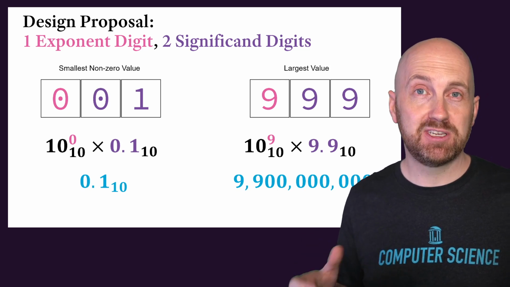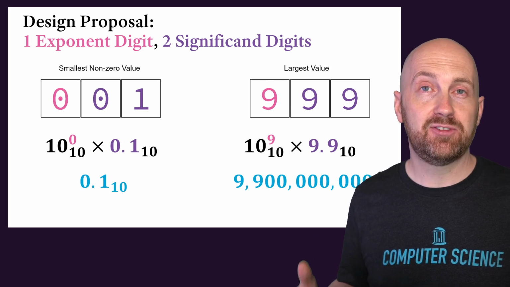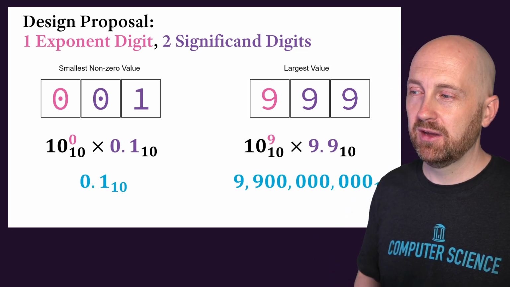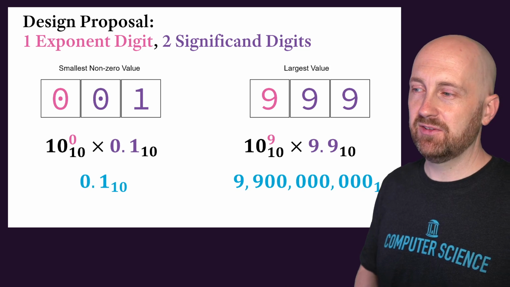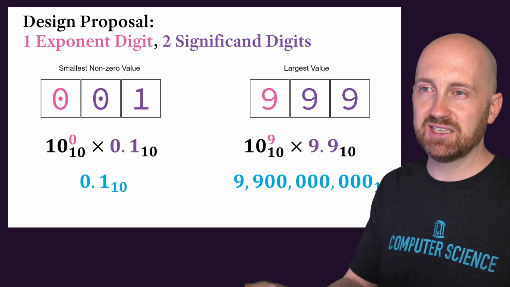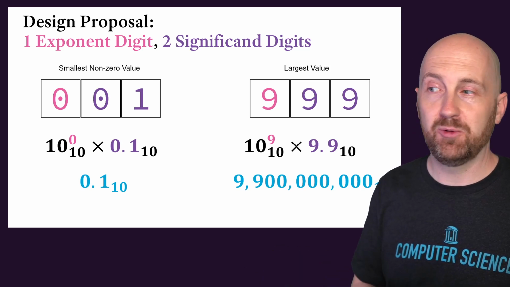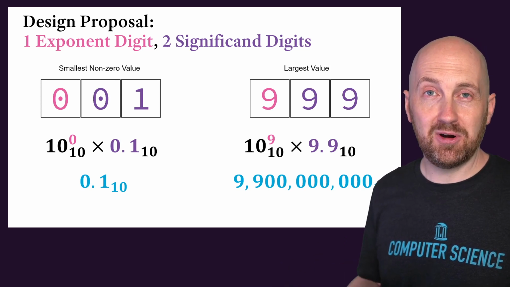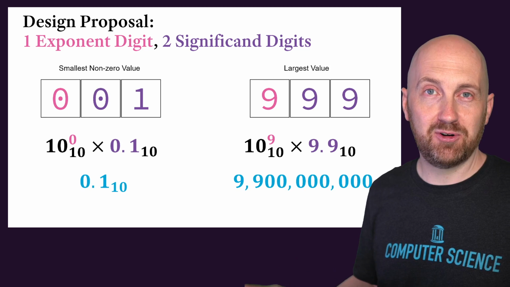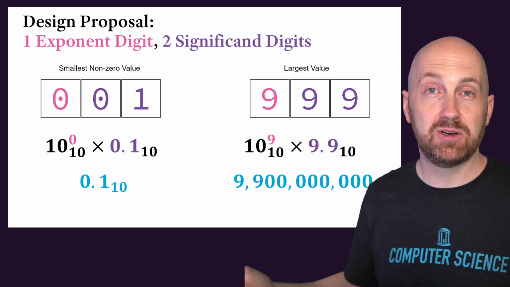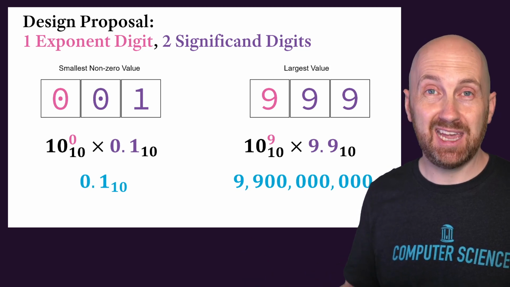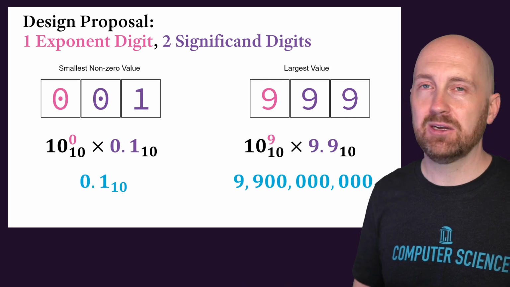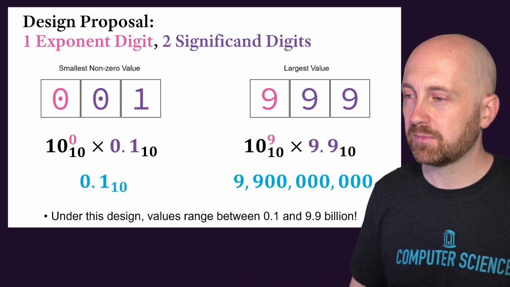There are only 1,000 different combinations of these 3 digits that we can come up with. So the catch here is there's only 1,000 numbers in this system that we can represent between 0.1 and 9 billion. And of course, there's way more than 1,000 numbers between those two values, right? So there's going to be a lot of numbers that we can't represent at all given this encoding scheme, and that might be a problem, right?